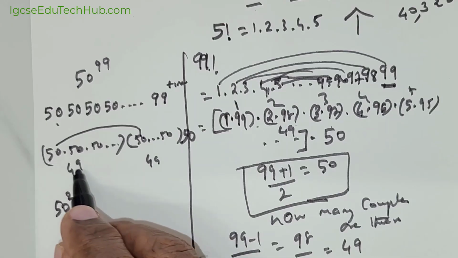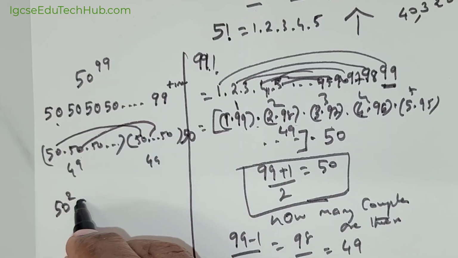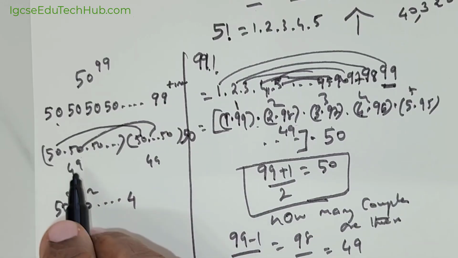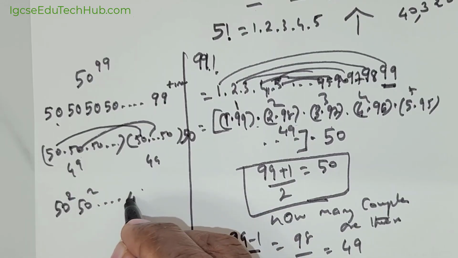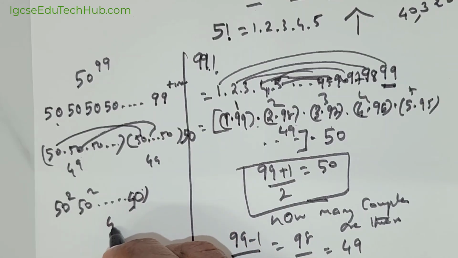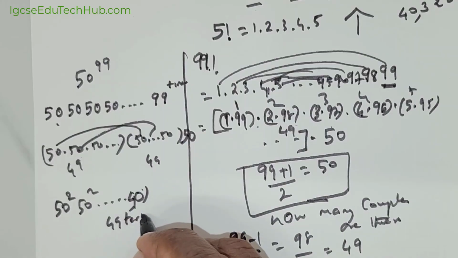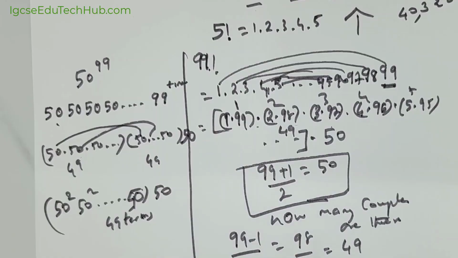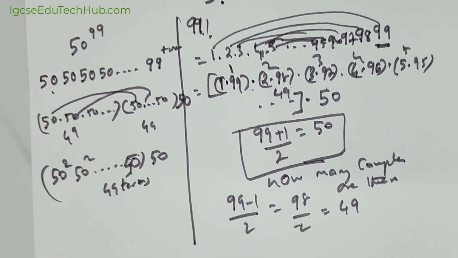That is going to give me 50 squared. 50 with next 50, 50 squared. And totally I would get 49 such terms. Okay, 49 terms are here. So let me just write it as 49 terms. And there is going to be one 50 that is left out. Okay, fair enough. Now we have to compare this with this.